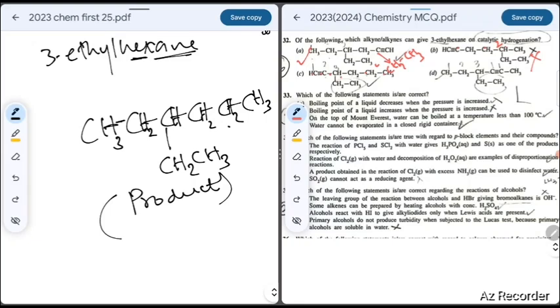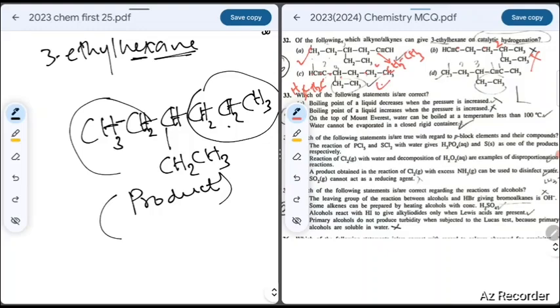Upon hydrogenation it gives CH, CH2, CH3 as the ethyl group bonding carbon, then CH2, CH3 on this side, and then CH2, CH2, CH3. So C is also correct.